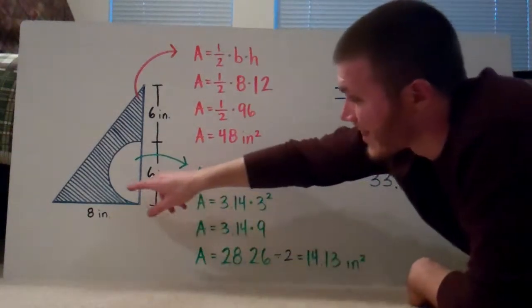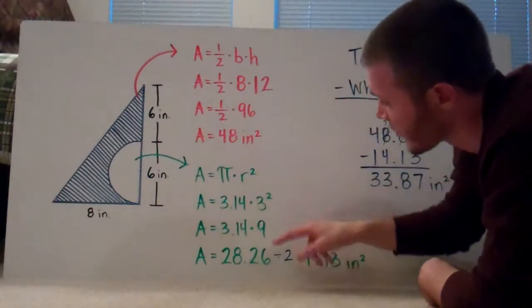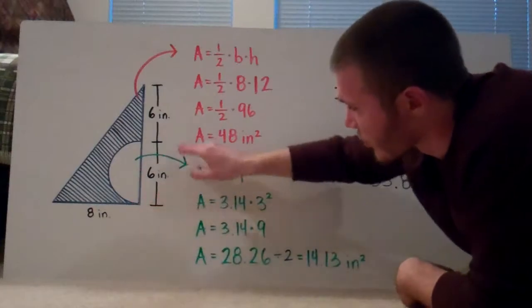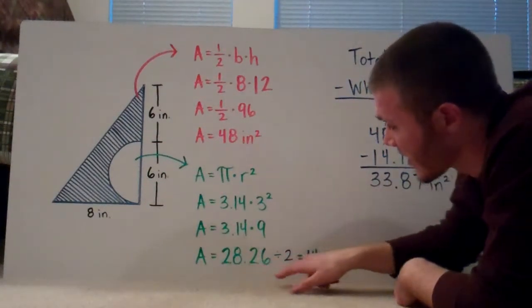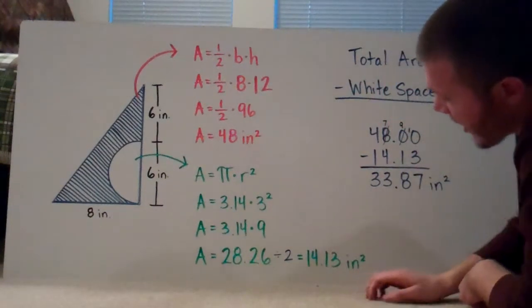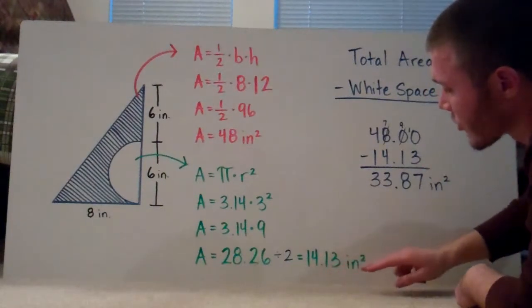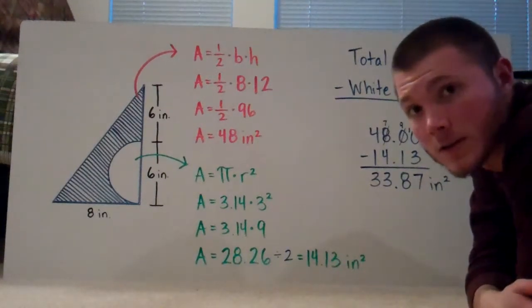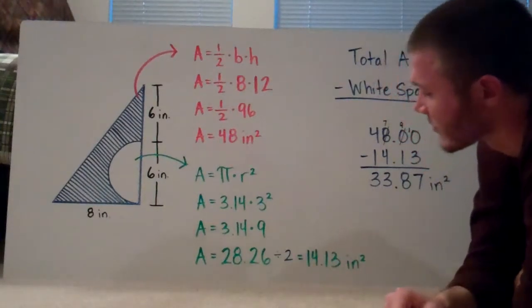But this is a half circle, a semicircle. This formula gives us the area of the entire circle, so I need to divide this area by 2. When I do that, I get an area of 14.13 square inches. Put a star next to this and write this down.